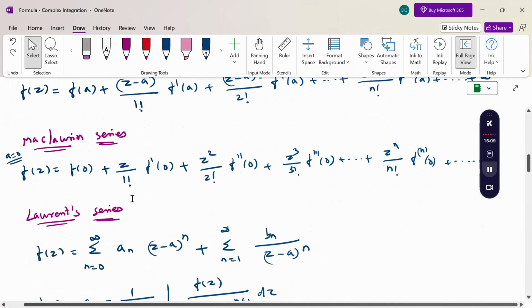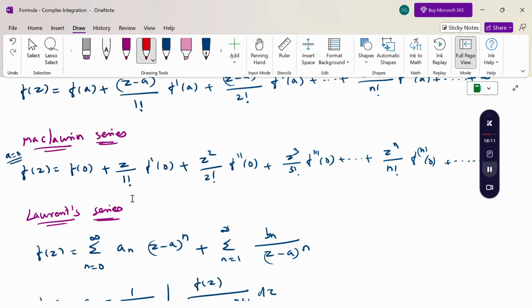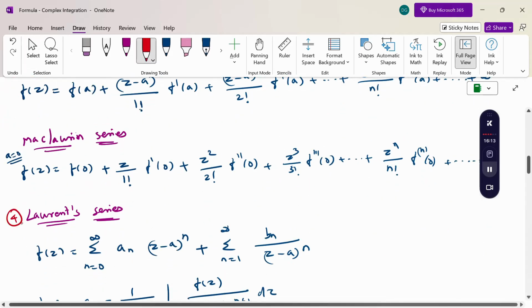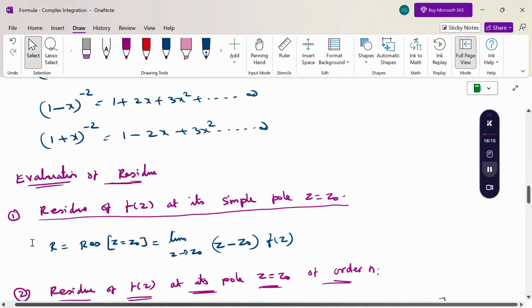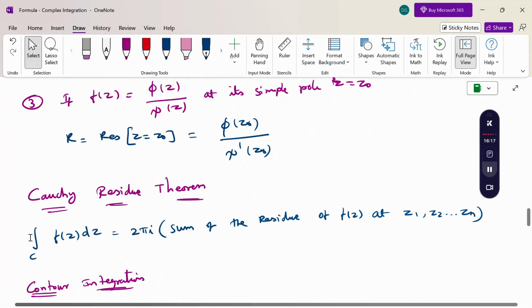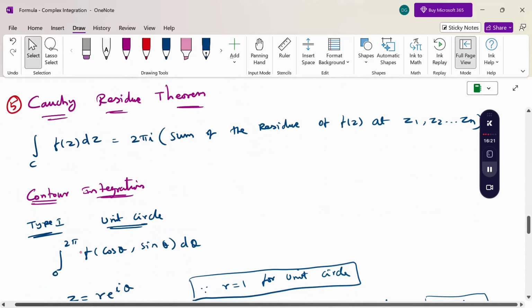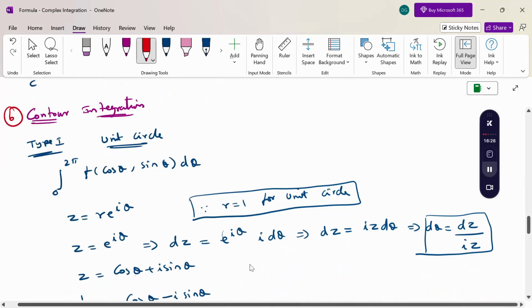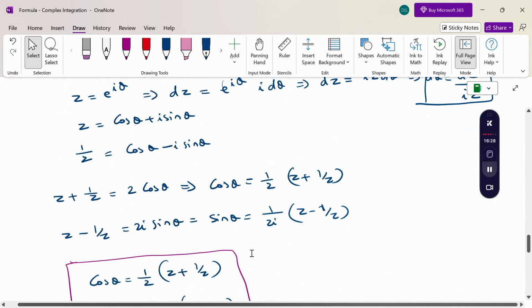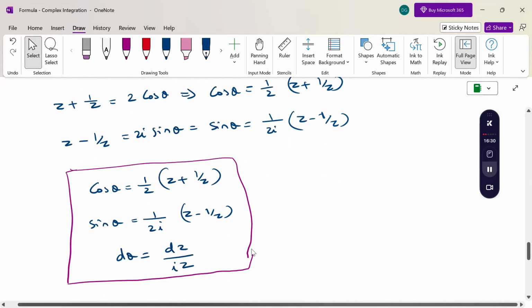The Maclaurin is also under Taylor expansion. This is Laurent's expansion, and then the residue theorem. It covers evaluation of residue and contour integration. These are the formulas for this complex integration unit. Thank you.